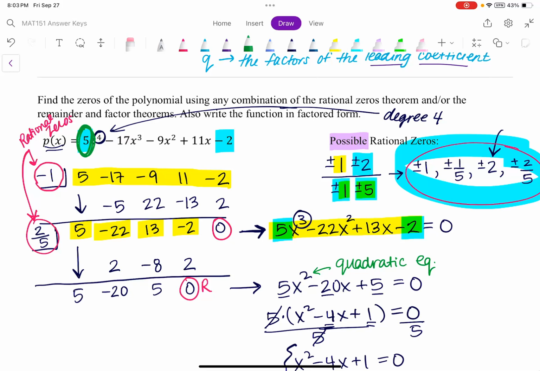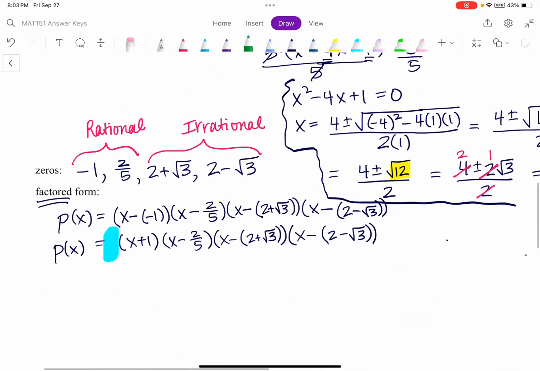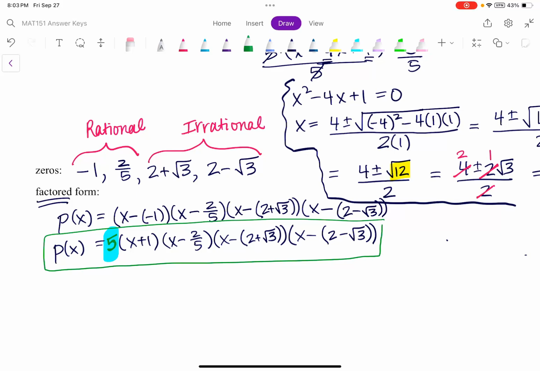We need to make sure that the a value, remember we called that our a value, that your a value is the same, whether your function is in expanded form, like it was given to you, or whether you have the function in factored form. So we do have to remember to come out here and put a 5 in front as my leading coefficient so that I have a factored form that is truly equivalent to the original polynomial. So this is my factored form.